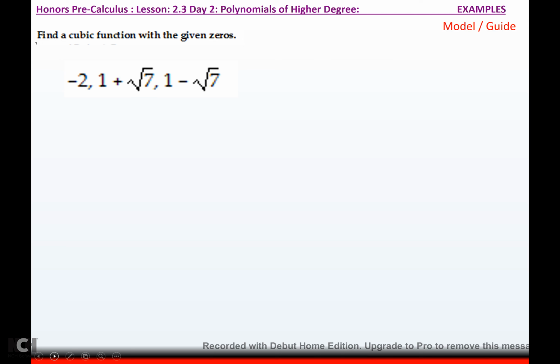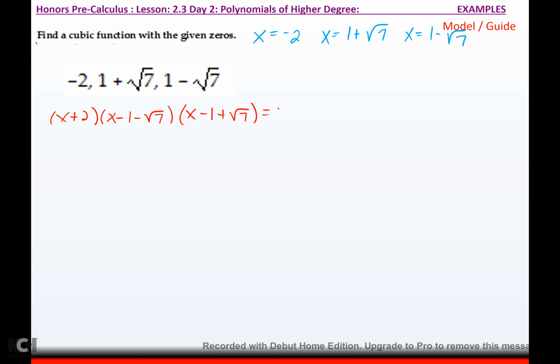Alright, if you try this one, this says that x equals negative 2, x equals 1 plus the square root of 7, and x equals 1 minus the square root of 7. If I turn them back into factors, I'm going to have x plus 2 times x minus 1 minus the square root of 7 times x minus 1 plus the square root of 7.